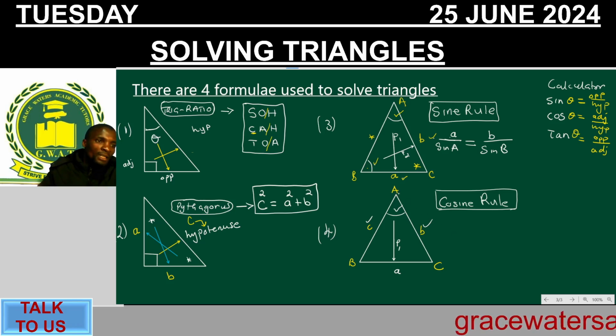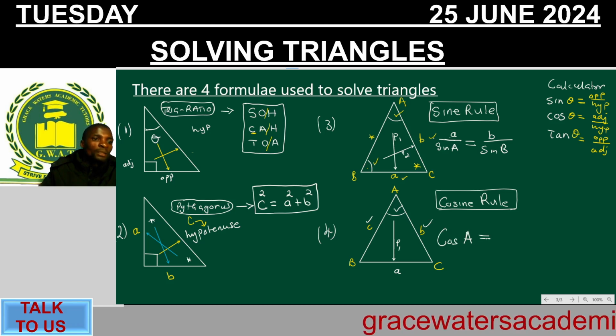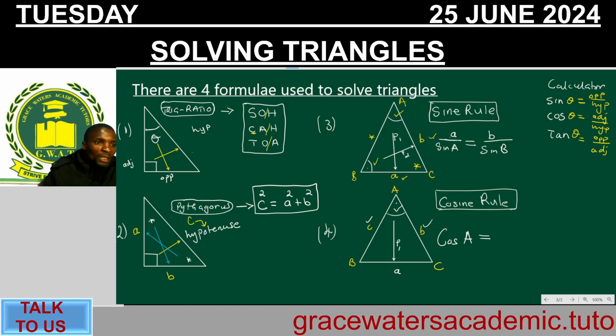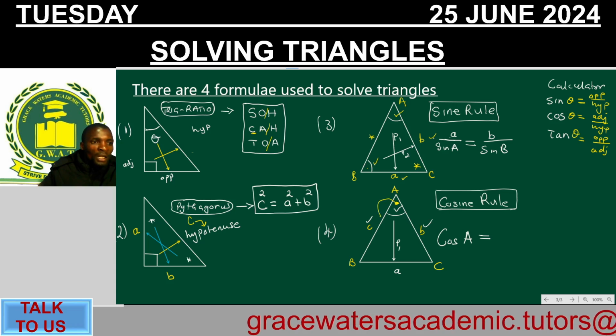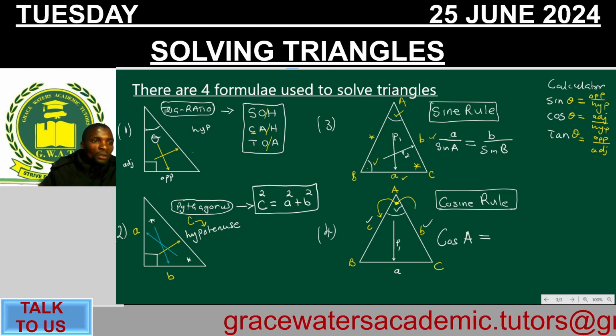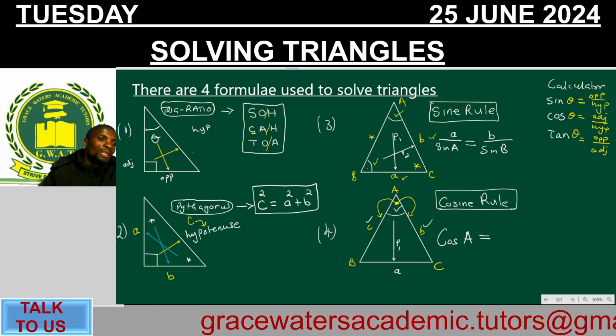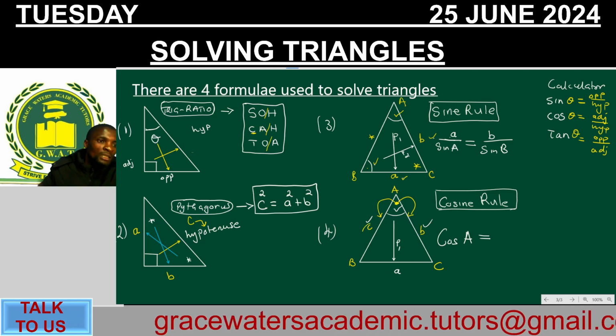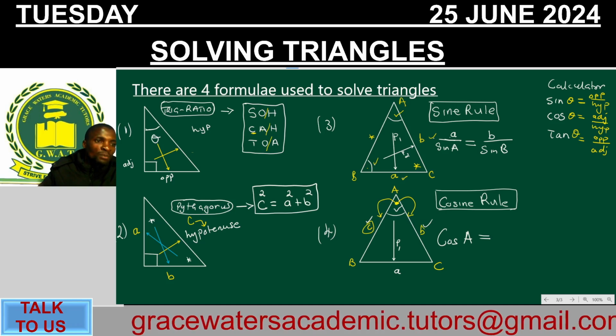First, I find the given angle, I write it's A. So I start with the cos of the given angle, and then I say equals. Now you put a full stop on A, and then you put first arc the side that you touch, and then second arc the side that you touch, making it like a crown of a queen. The side that you touch is C, the side that you touch is B.